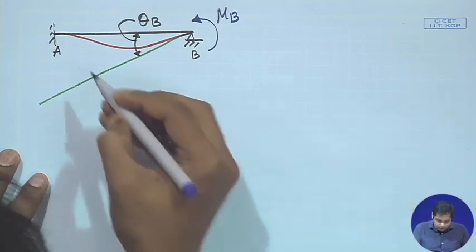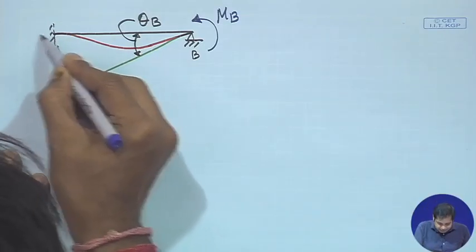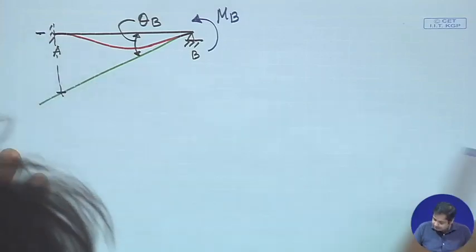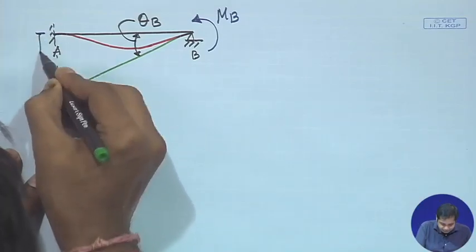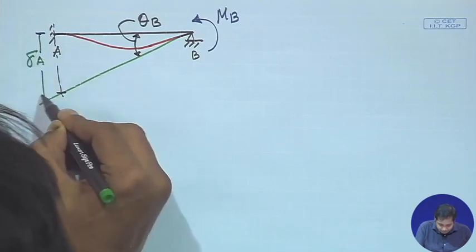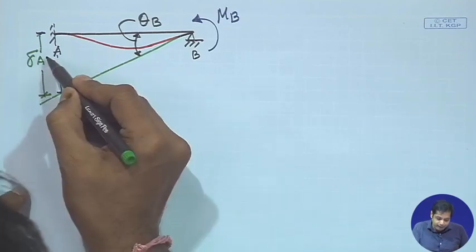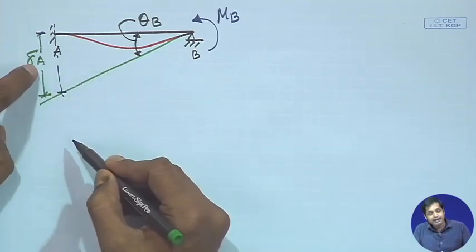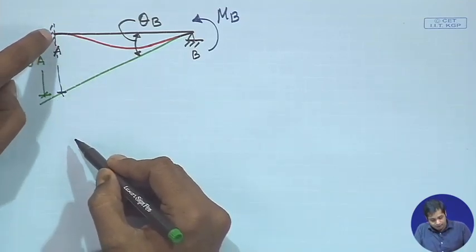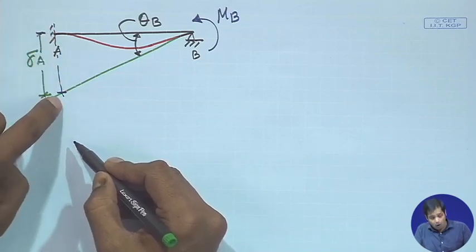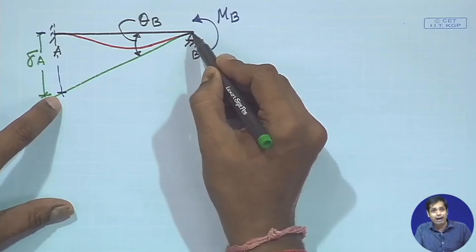Now, suppose this distance is delta A, or you can write delta AB as well. So, delta A is essentially the deviation of A on the slope drawn at B, isn't it?